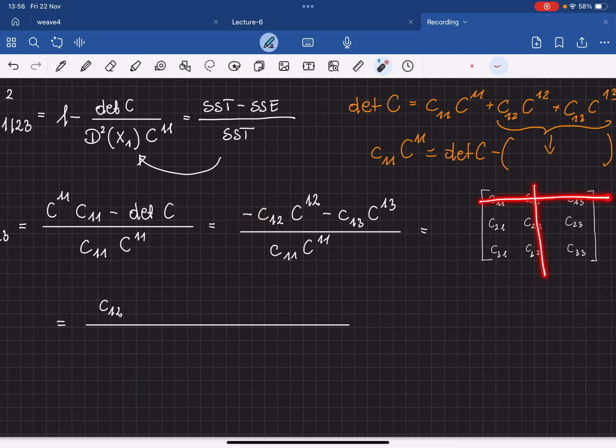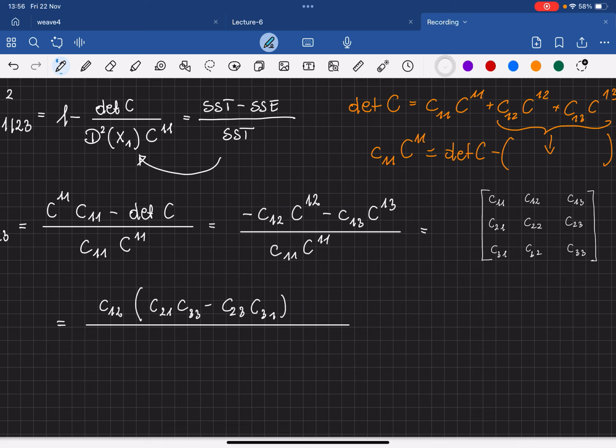It is the determinant of the matrix of not crossed elements. So there will be C21, C33 minus C23, C31. So that's this.